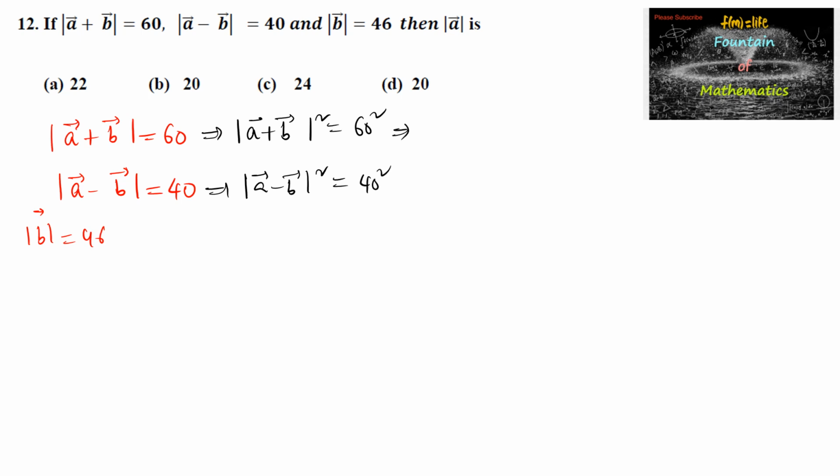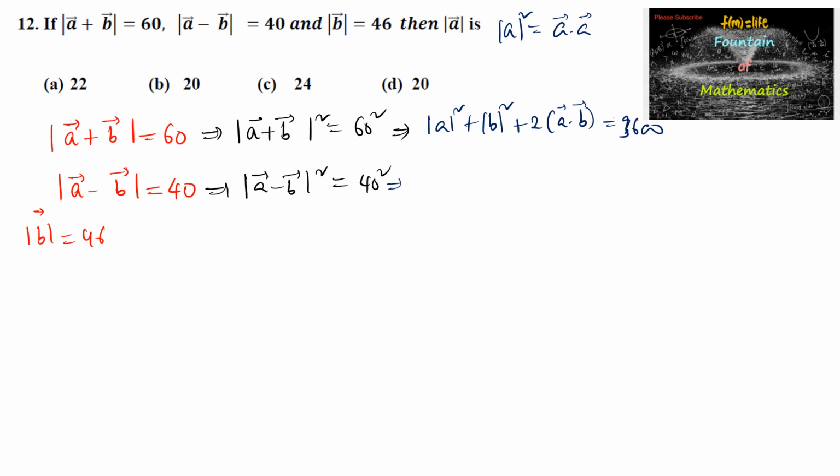Which implies, we know that mod A square is equal to A dot A. So by applying the dot product here, (A plus B) dot (A plus B), we get mod A square plus mod B square plus 2 times A dot B is equal to 60 square, which is 3600.